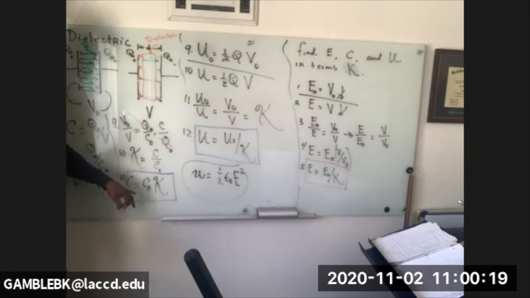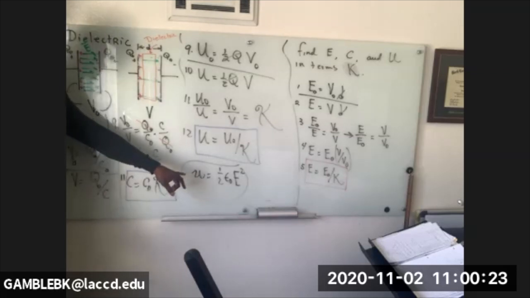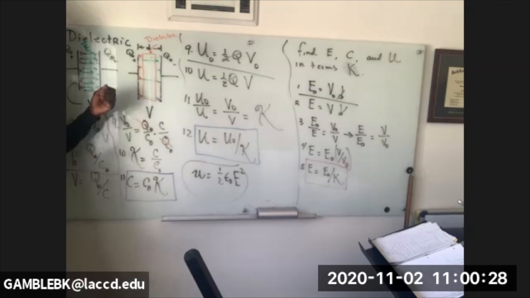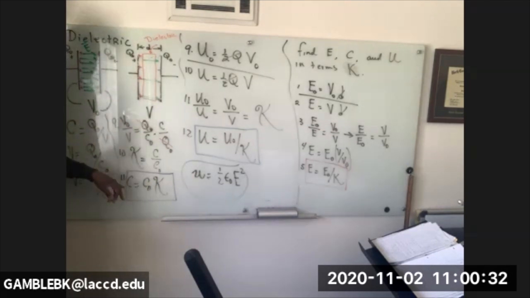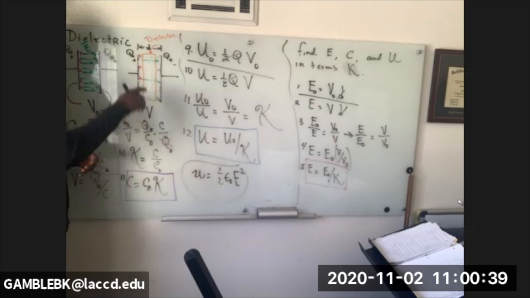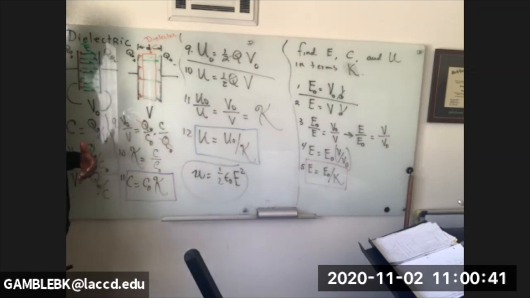Now, I've increased the capacitance and therefore decreased the energy. But if I've increased the capacitance, that essentially means that I've increased the total amount of charge that could be placed on the capacitor, because I've decreased the potential. It's like a different capacitor. It's not at its maximum voltage anymore.